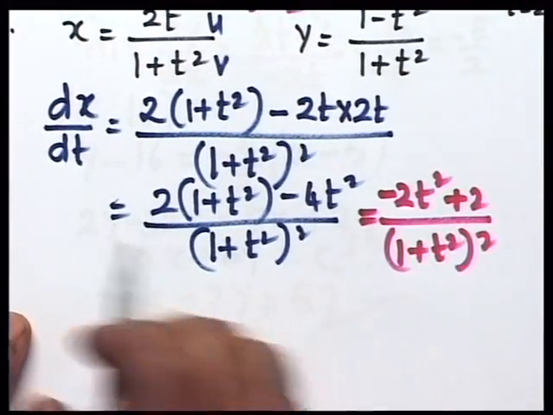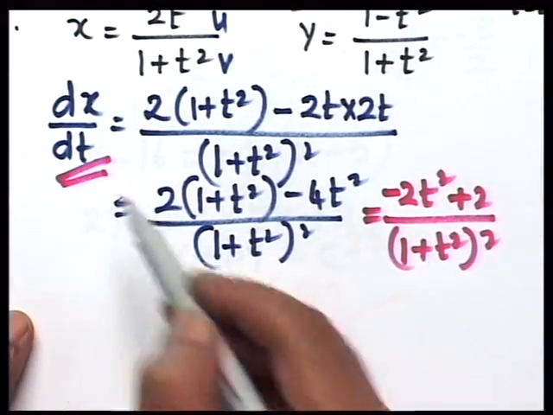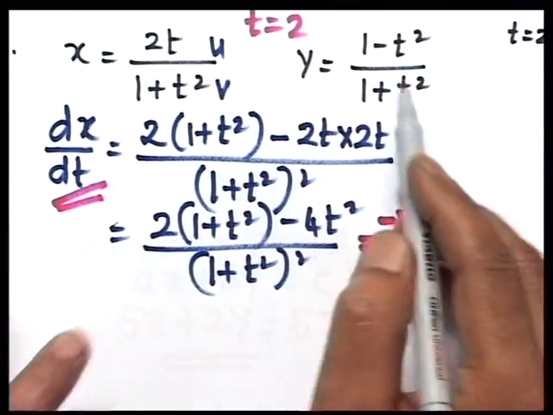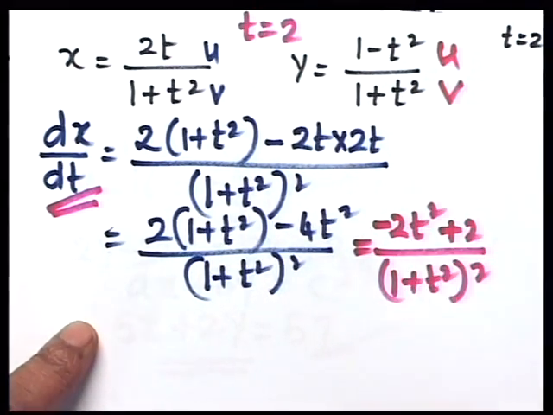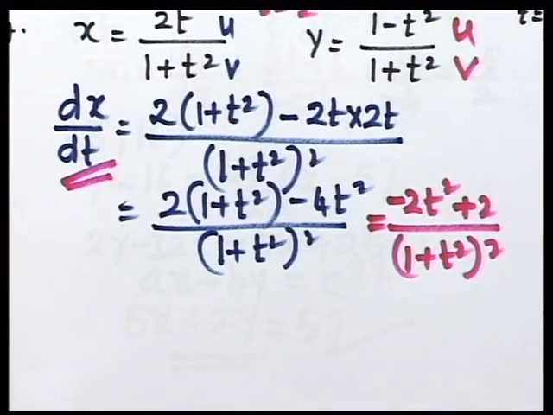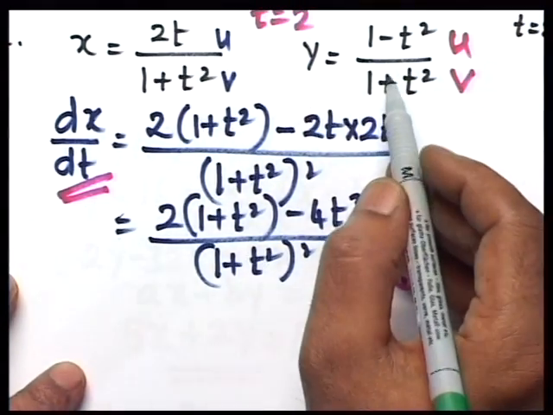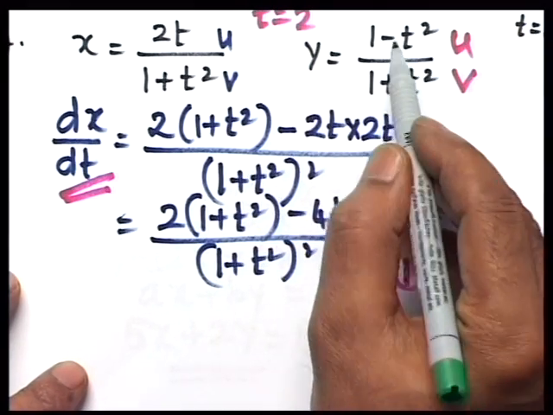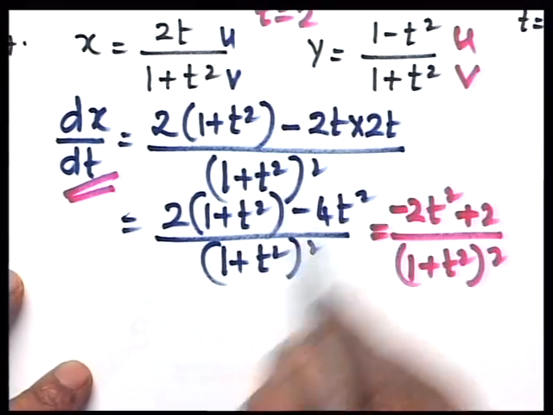Listen, this is the dx over dt only, right? We need to find dy over dt. I will call it u and v. We use the same style. Well, there are so many different methods that you can actually use. u dash v, so u dash should be minus 2t, right?